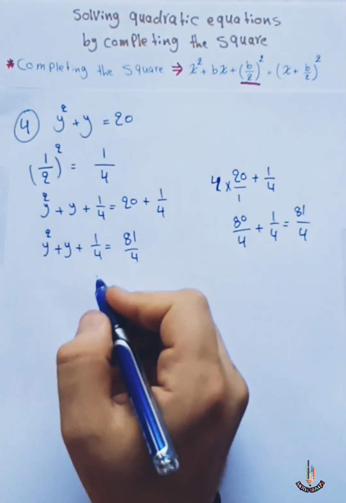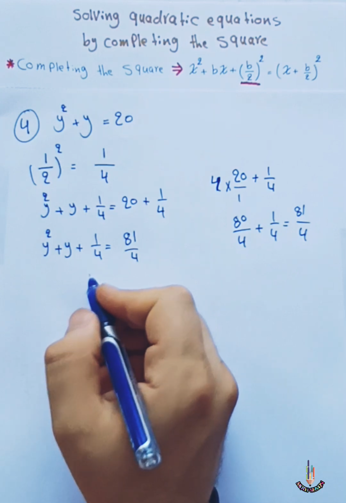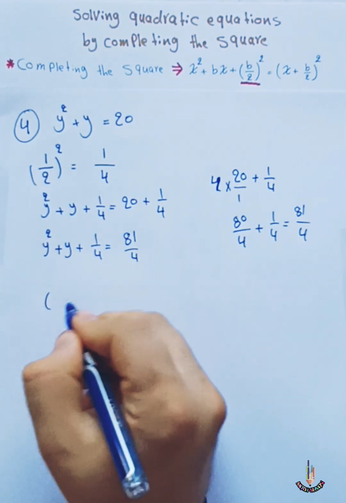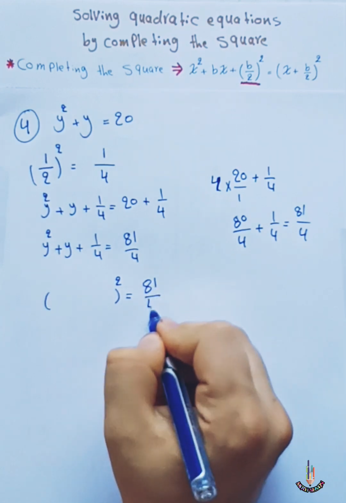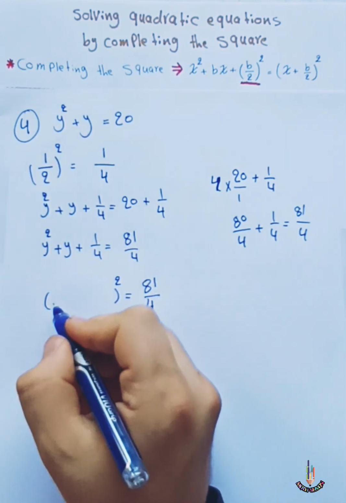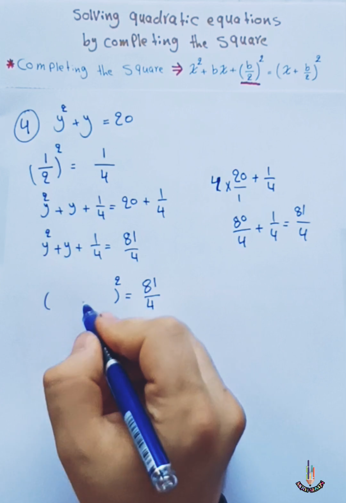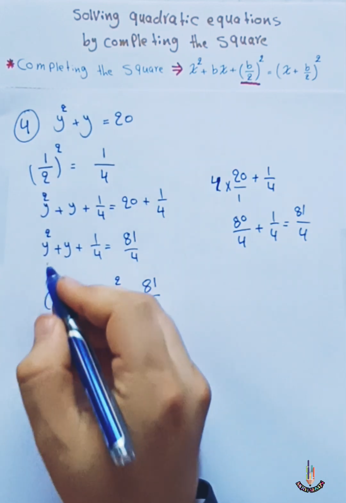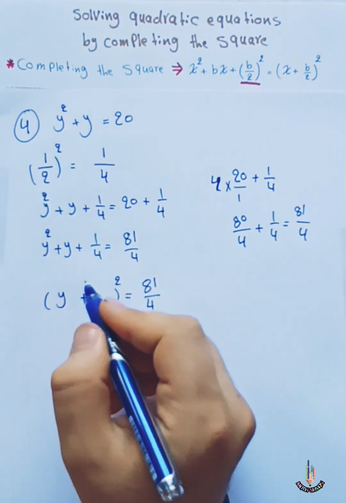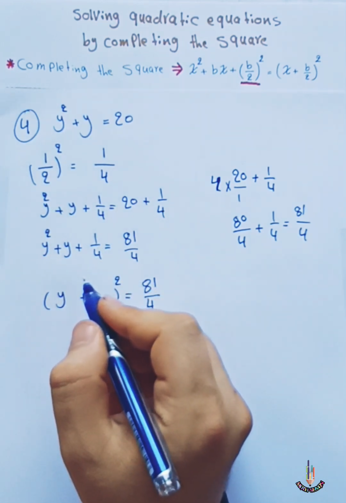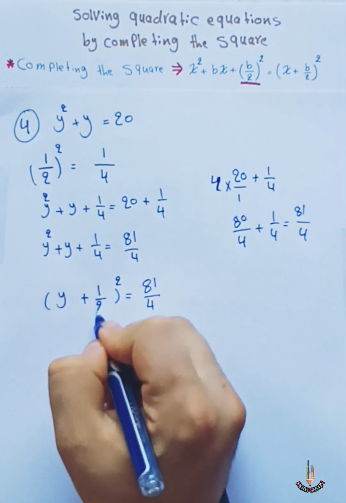Now this is a perfect square. You can use the rules for perfect square. In these parentheses, y squared comes from y times y, and the 1 out of 4 comes from 1 out of 2 multiplied by 1 out of 2.